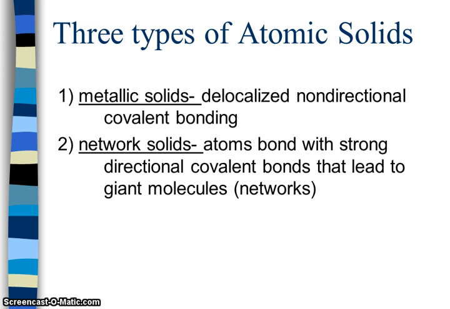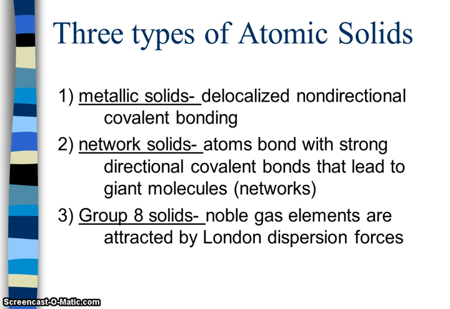Our second type of atomic solid are called network solids. And in this case, the atoms have strong directional covalent bonding that lead to a giant molecule, sometimes referred to as a network. And our third type of atomic solid are called our group 8 solids.